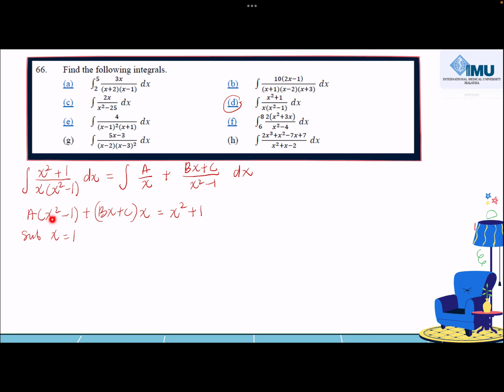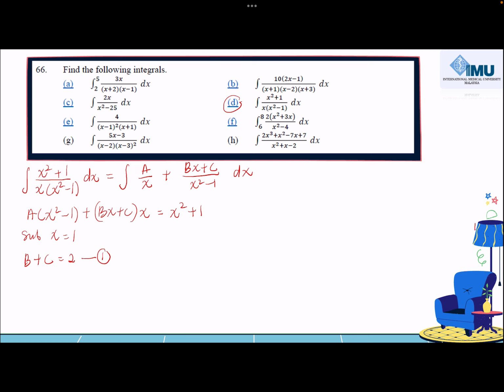Yes, 1 squared is 1, 1 minus 1 is 0, so A will be gone. What is left is only here: B times 1 is B. You will get B plus C equivalent to 1 squared plus 1, which equals 2. So you get the first equation, B plus C equals 2.